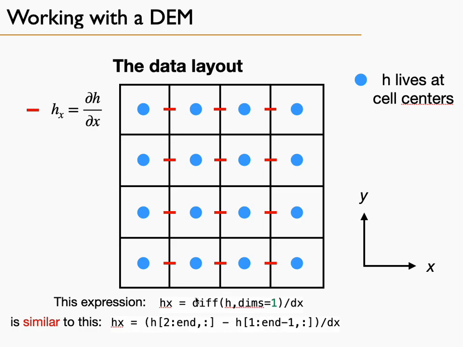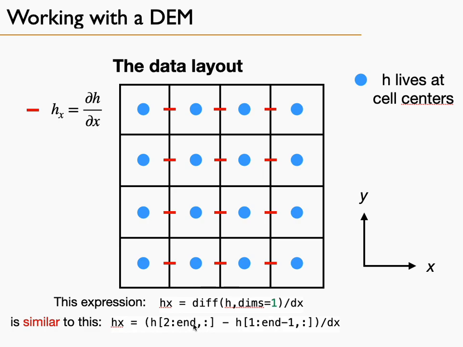What's happening under the hood is similar to using slicing very explicitly here. So this expression would be the same as this one. In your notebooks, use either this one or this one. You can choose which one you prefer.